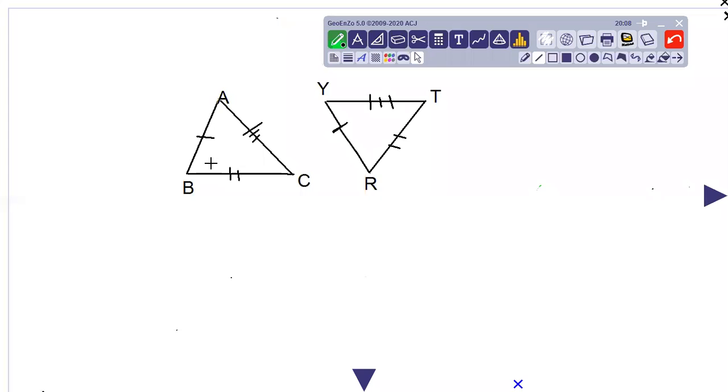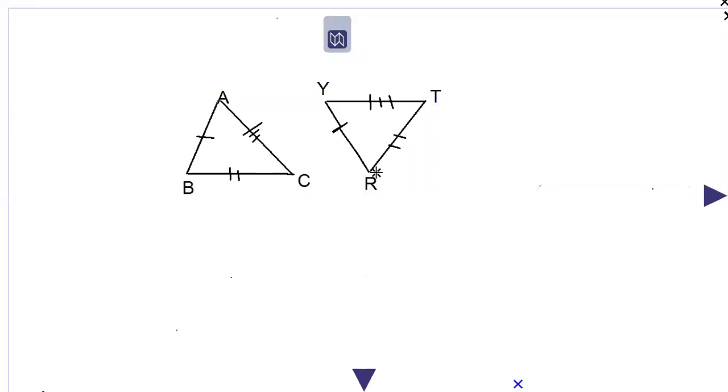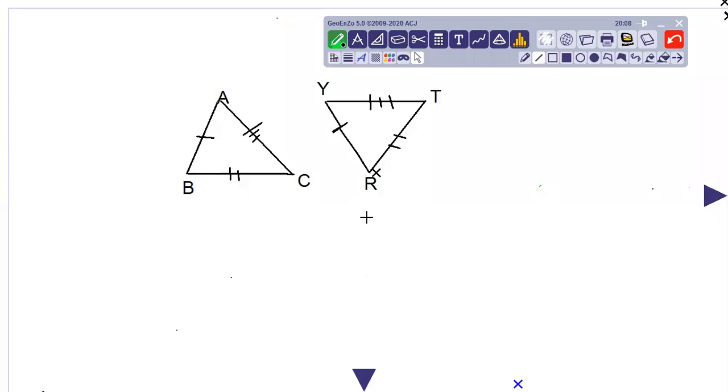Here I have given in this diagram a triangle ABC and another triangle here. A very important thing is you should be very careful about naming the triangles in congruency.